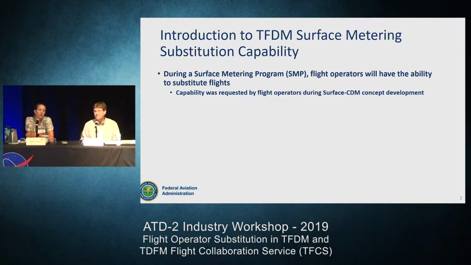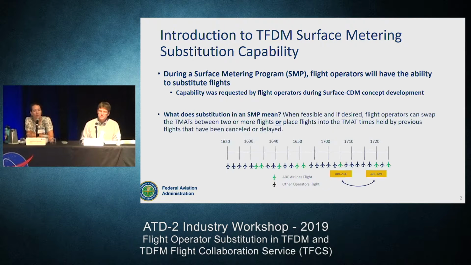The idea behind it was to mimic the substitution process that occurs in TFMS right now with things like GDPs. It's designed to give operators in the airline community flexibility to meet their own business decisions, fleet needs, and operation needs, and also to meet SMP and capacity balance needs on the surface.